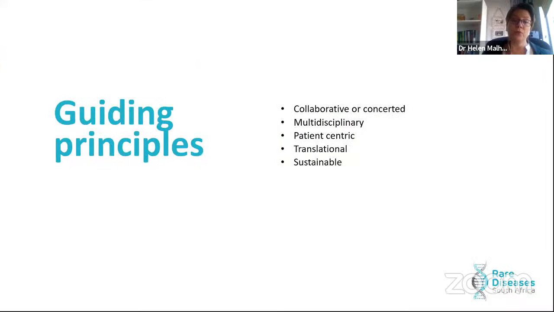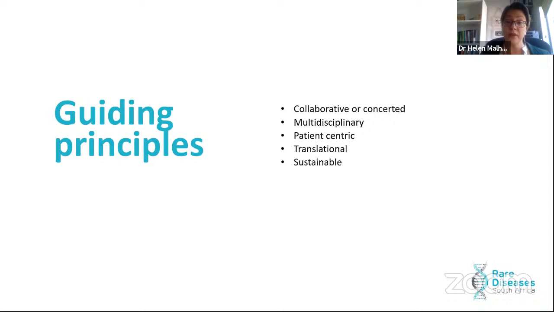Well, going through a few articles in the literature, there are quite a number of articles now on collaborative research in rare diseases. And the key themes that come through are that it has to be collaborative or concerted. And going back to the previous speakers talking about coordinated care and diagnostics, I think all of these elements require collaboration, not just research.